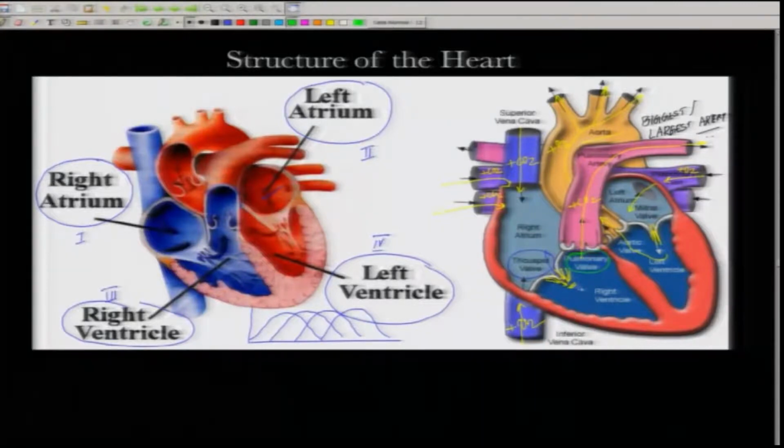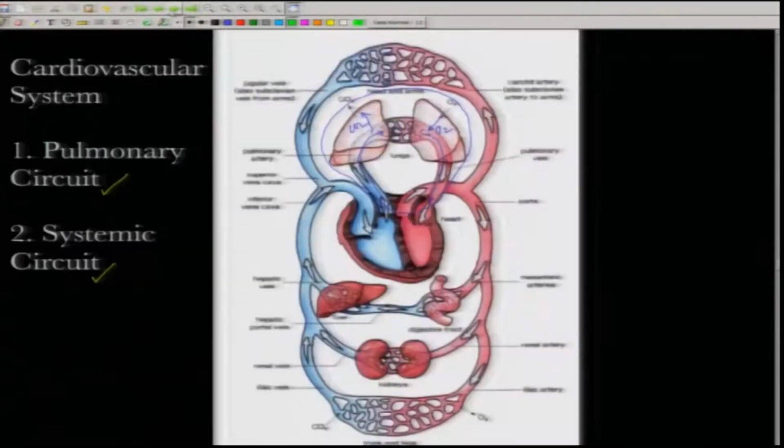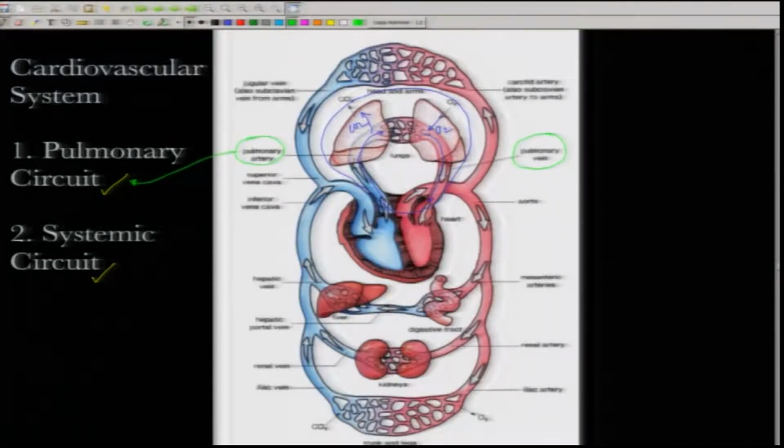Here is the pulmonary valve. Okay. Now, coming back. Here you have the pulmonary artery, which I mentioned. Here is the pulmonary vein. Okay. And this is that small circuit which forms the pulmonary circuit of the body. And the pulmonary circuit is the reverse in terms of the arteries and veins carrying oxygenated and deoxygenated blood.